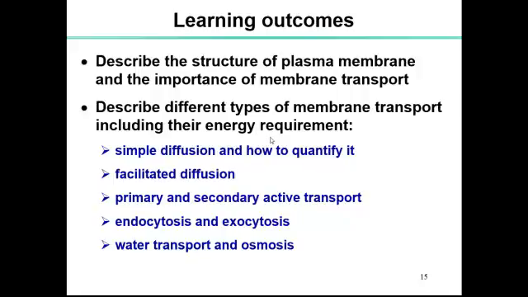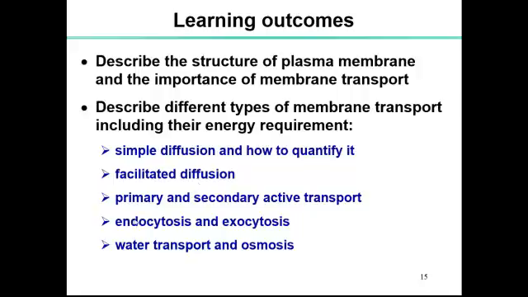You need to understand that it is in proportion to the concentration gradient, for example, and inversely proportional to the thickness of the membrane, and temperature: the higher the temperature is, the quicker the diffusion would be. These are the things that you need to understand.